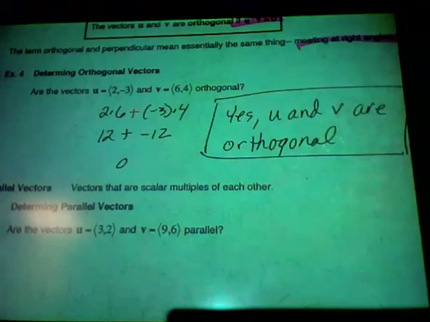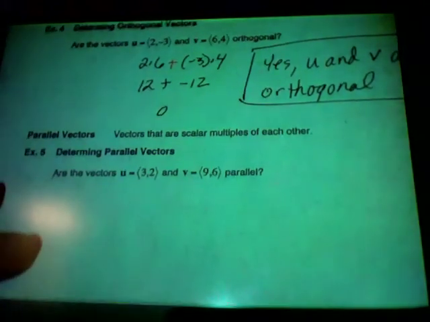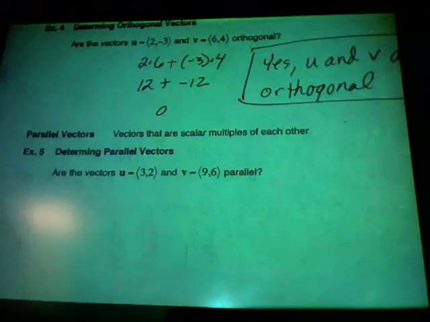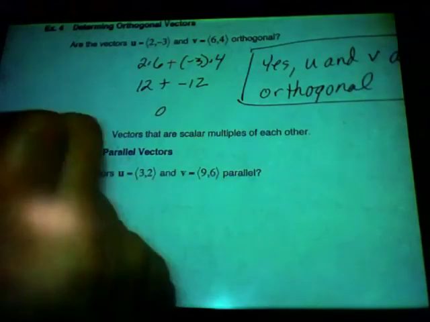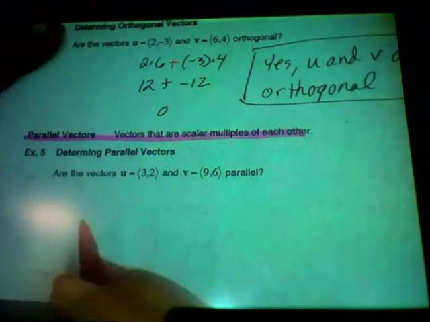All right, then a last example 5. Vectors that are scalar multiples of each other are parallel. Determining parallel vectors. So I want you to go ahead and write this down here at the bottom.